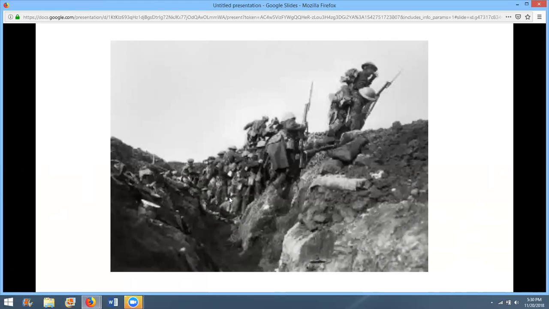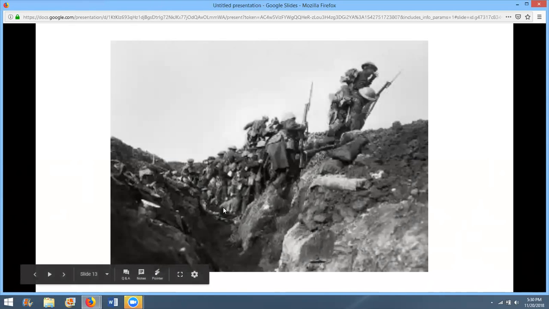That worked to a certain degree until their fortifications got better. Now these trenches are early forms of the trenches. The trenches many years into the war were really fortified. It just looked like a house dug into the ground.